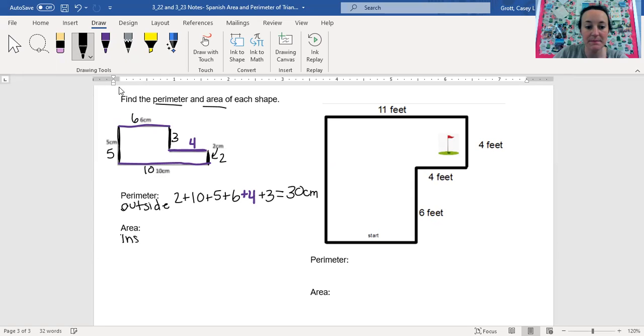Area, that's going to be my inside. So the shortcut, when we find area of a rectangle, area is length times width.